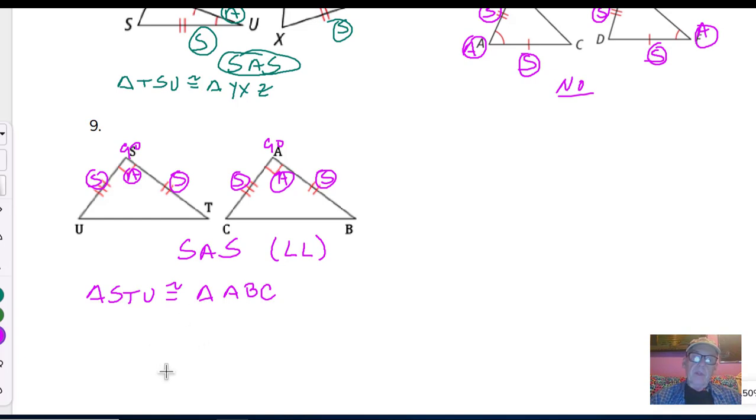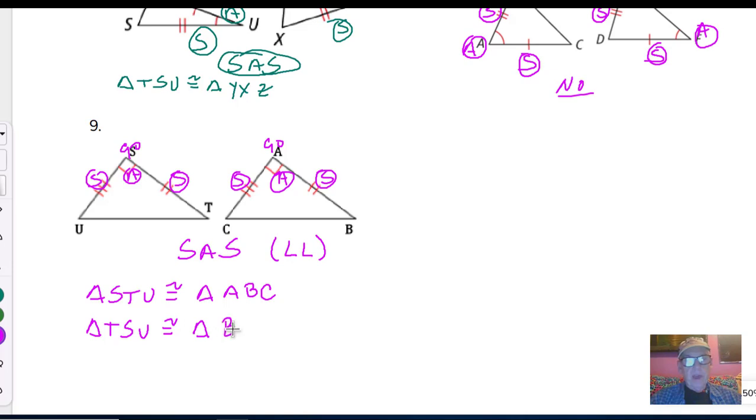As another example, let's say we wanted to do TSU. Triangle TSU, and name the congruence correctly with the other triangle. So from T to S, I'm going along the 2 marked side to the right angle. So B to A goes along the 2 marked sides of the right angle.